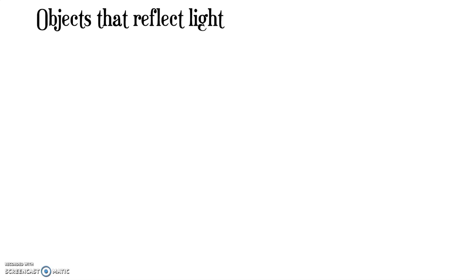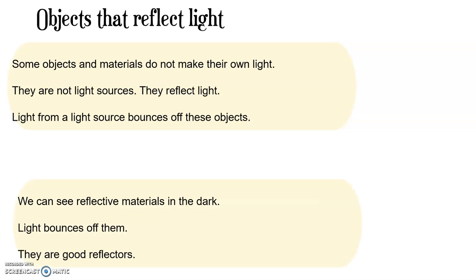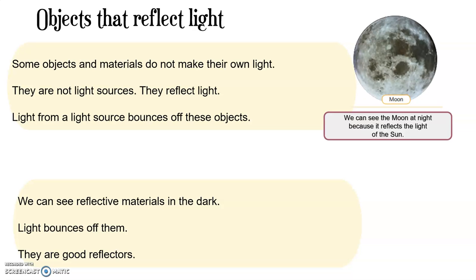Okay, next. Objects that reflect light. You can open your book in page 113. Some objects and materials do not make their own light. They are not light sources. They reflect light. Light from a light source bounces off the object. We can see reflective materials in the dark. Light bounces off them. They are good reflectors.